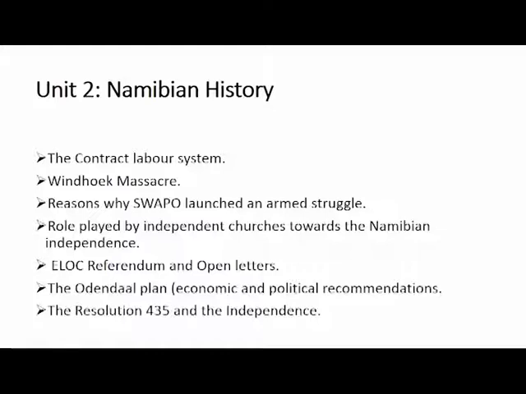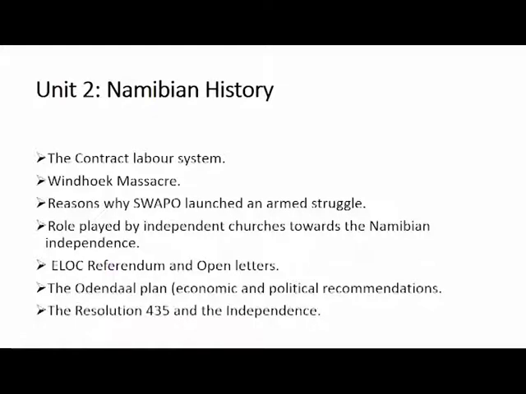Now, you should know what this IOL referendum was all about, how it went about, and the reactions of Namibian people towards it. In other words, what were the results of this IOL referendum?